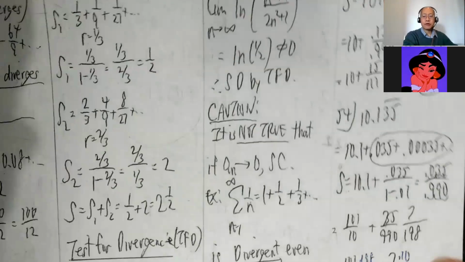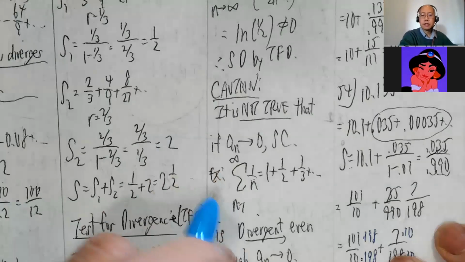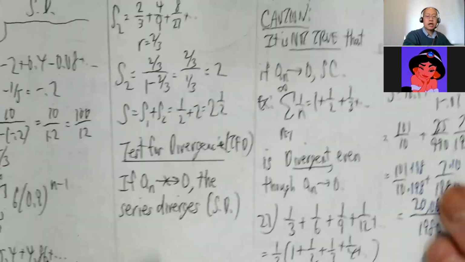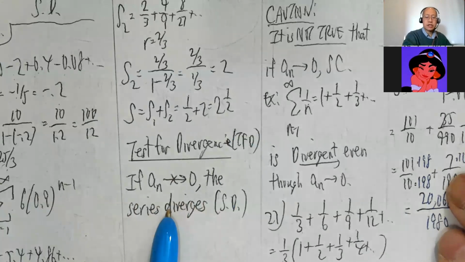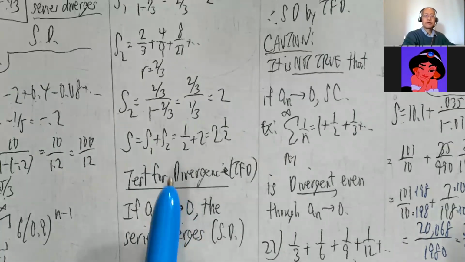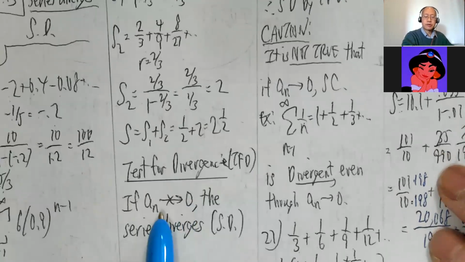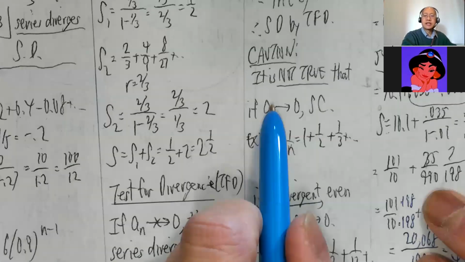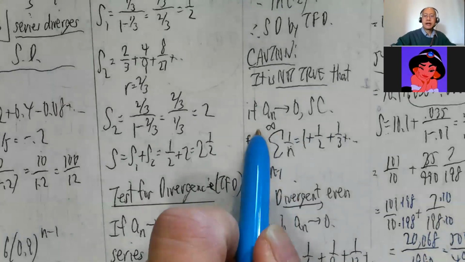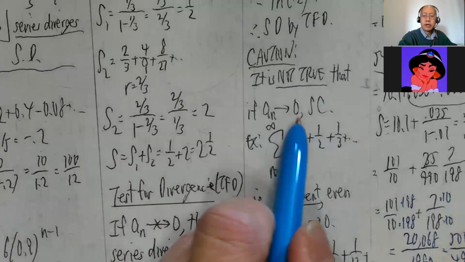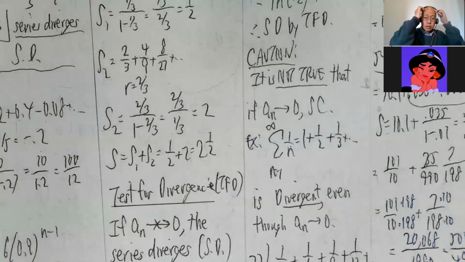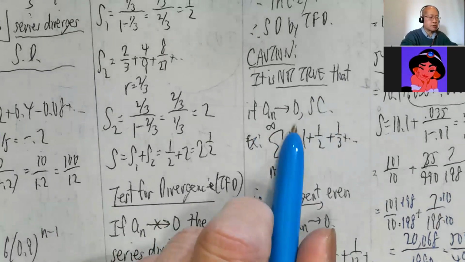Okay, now for a word of caution. The converse to this statement is not true. So what is the converse? Converse means you switch it around or put nots here and not here. It is not true that if a sub n approaches 0, the series converges. Okay, and that's a big bugaboo for a lot of students.